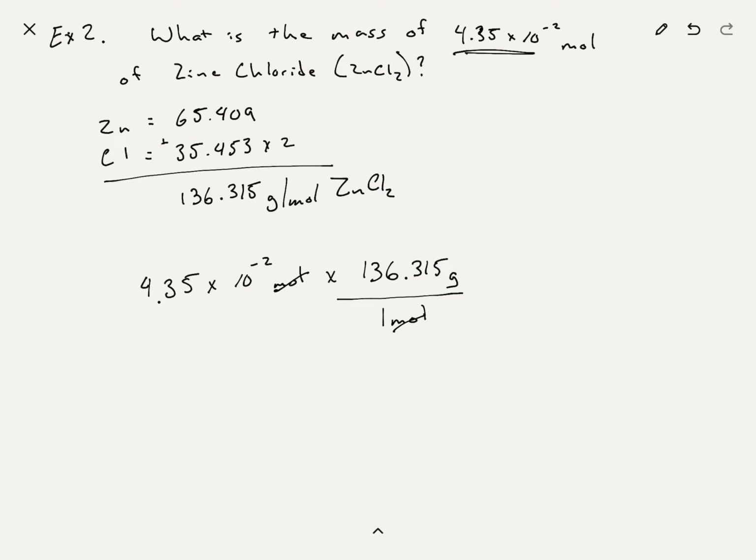Our moles will cancel out, and we will end up with grams as our final number. Multiplying by 4.35 times 10 to the negative second means that our number should get smaller. We do not have a full mole here. We're really looking at 0.04 moles.